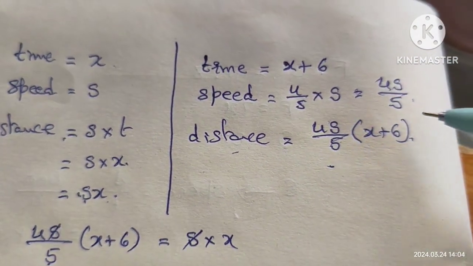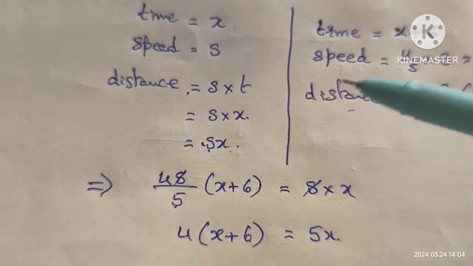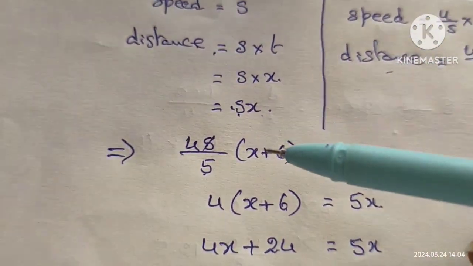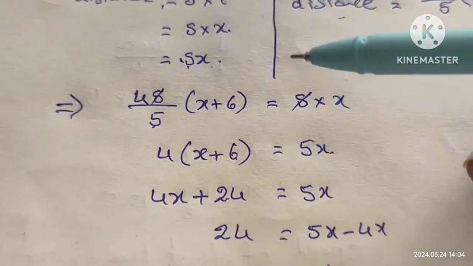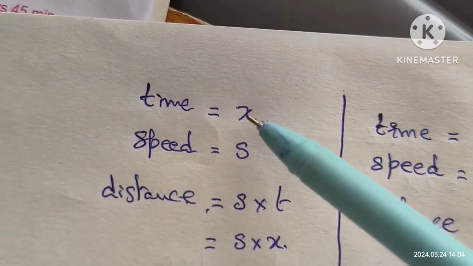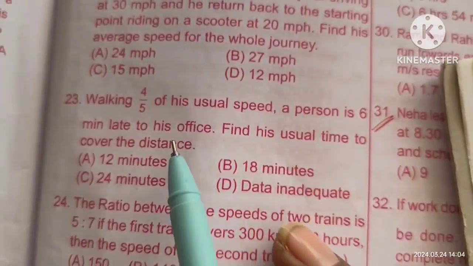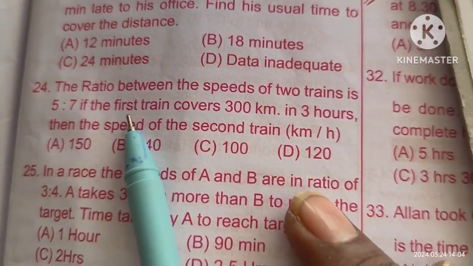Now I calculated the distance, but both distances are the same, it is from house to office. So equating both and simplifying, you get the x value as 24. It is the usual time. That's all. That is 23. Now come to 24.